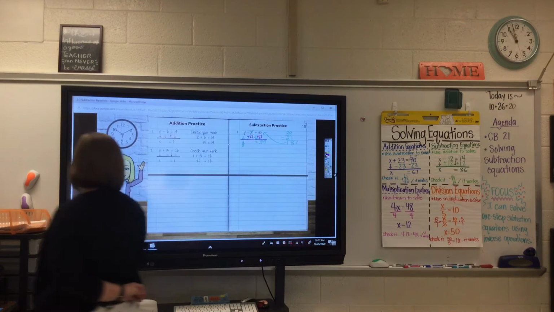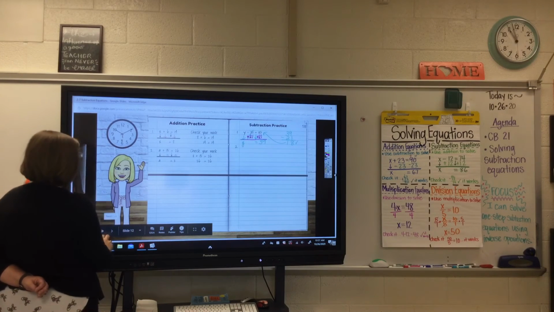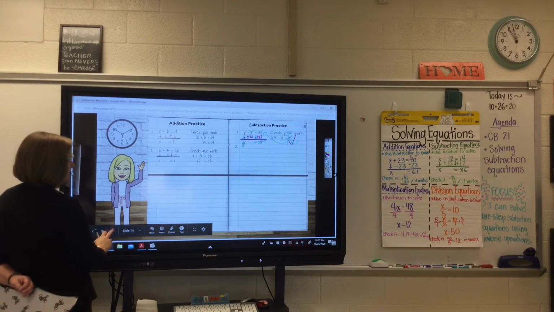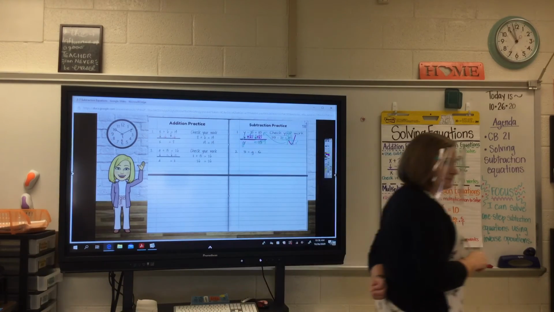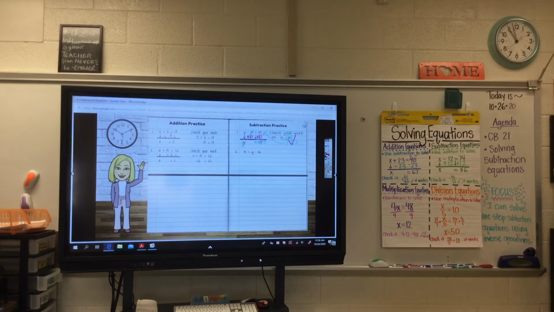All right, let's try another one. 31 equals G minus 16. Do we have to switch it? We do not have to switch it, okay? I'm going to show you. It doesn't matter which side the variable is on.